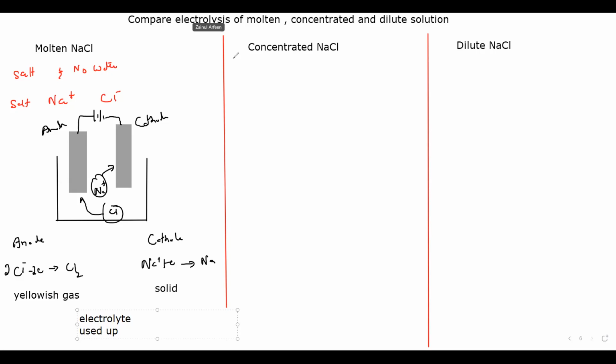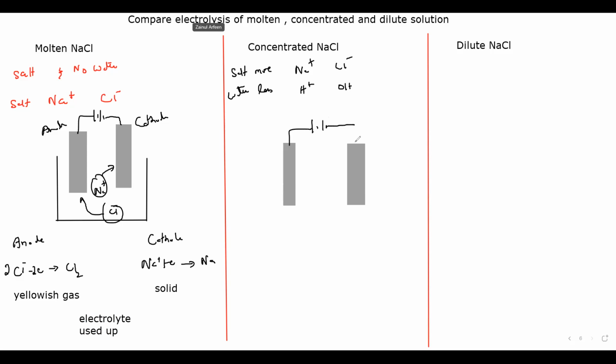But when we say we have concentrated, it means salt is more and water is less. So we have more sodium ion and chloride ion, and less H and OH ion. So when we are doing electrolysis, I'm just drawing the electrode. We have sodium ions, chloride ions, H plus and OH minus.